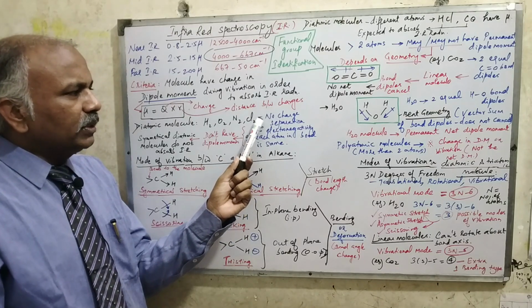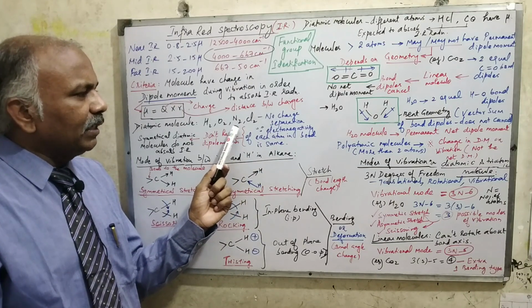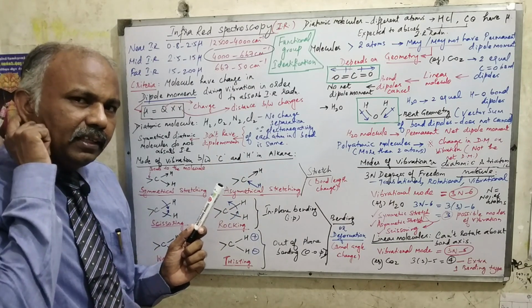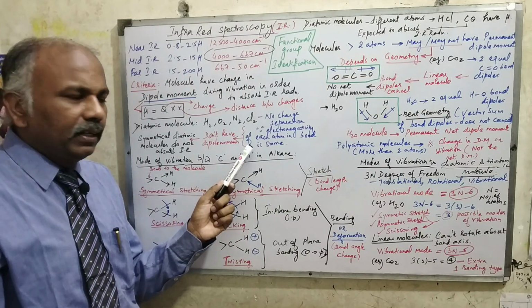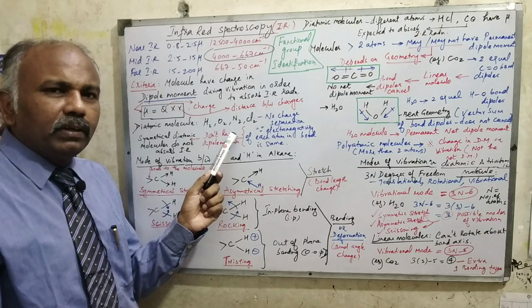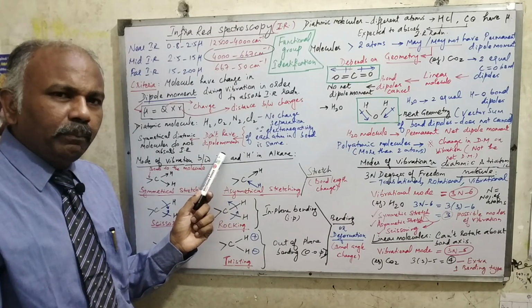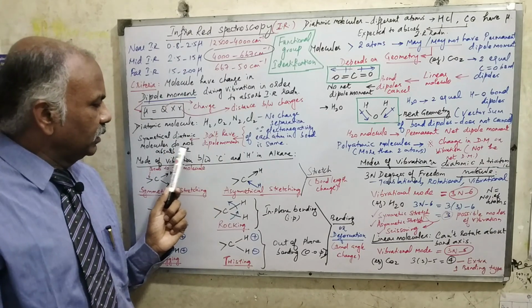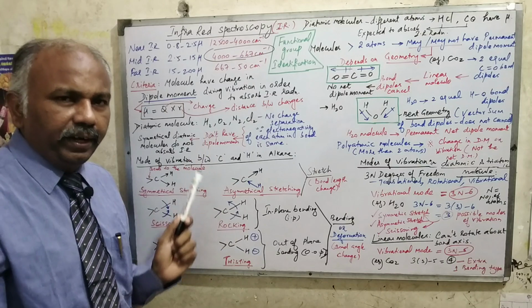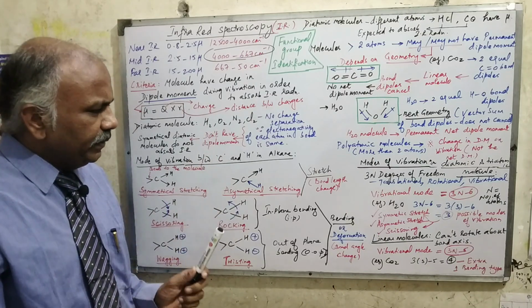Here there is no charge separation because the electronegativity of each atom in the bond is the same, and therefore they don't have any dipole moment, right? When they don't have any dipole moment, simply we can say that symmetrical diatomic molecules do not absorb infrared radiation. So this is another important criteria, right?